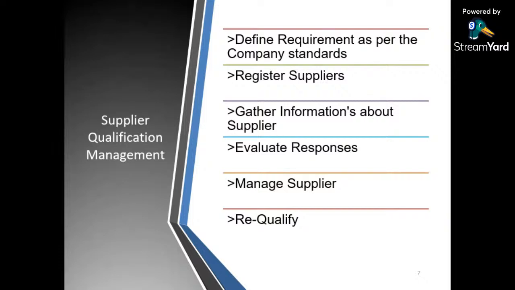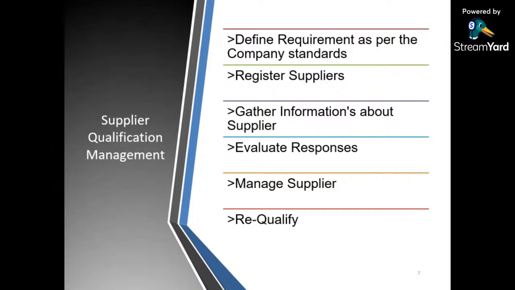After the company collects the requirements, they will approach the supplier. They will give some link to register themselves in their portal, or they will ask them to send a mail to register themselves in the business. Again, we will gather the information based on the registration we received from the supplier. Our internal audit team will be evaluating the response of the supplier.